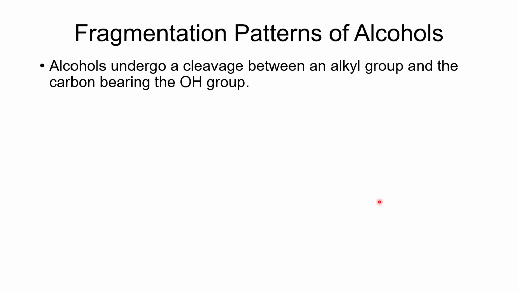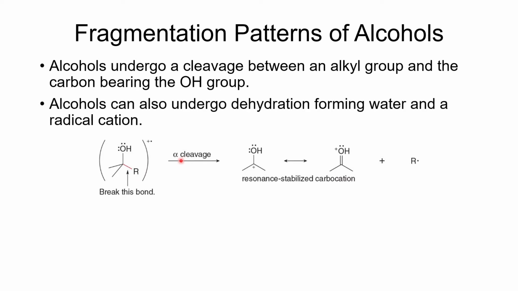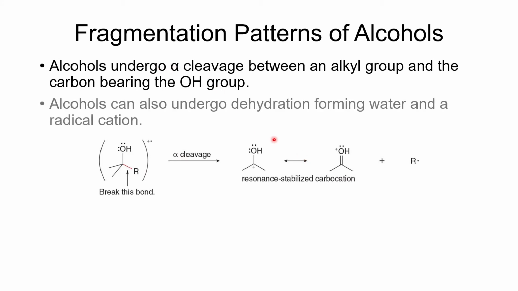All right. For alcohols, something very similar occurs. Again, we cleave at the alpha location. We cleave in between the carbon that has the oxygen on it and the carbon that is adjacent. So again, you get alpha cleavage, and you get a resonance stabilized carbocation.